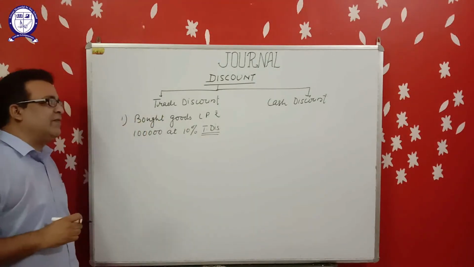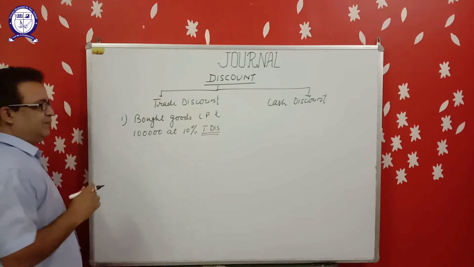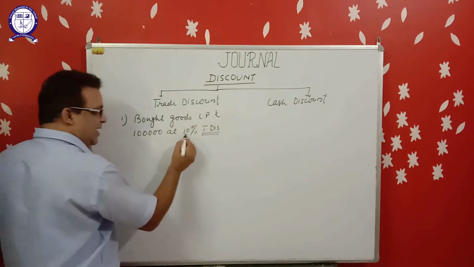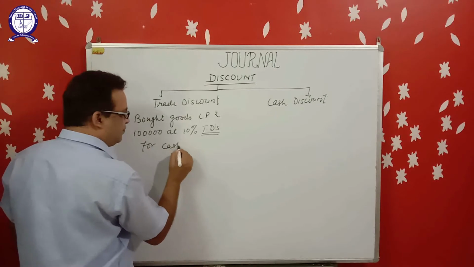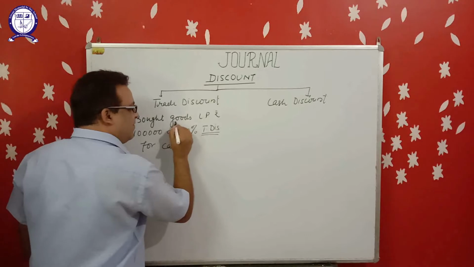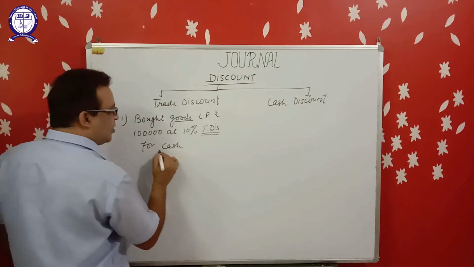Trade discount is given at the time of credit purchase as well as cash purchase. Bought goods, list price rupees 1 lakh at 10% trade discount for cash. So there are two accounts which are affected. Number 1, goods. Number 2, cash.